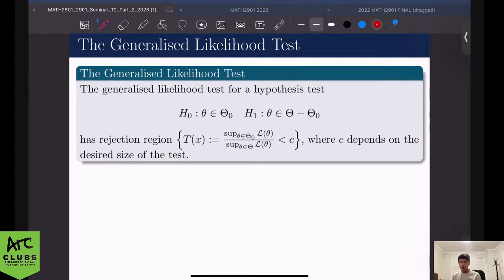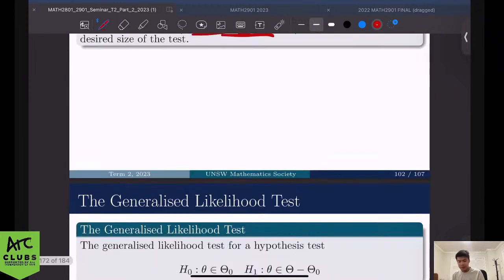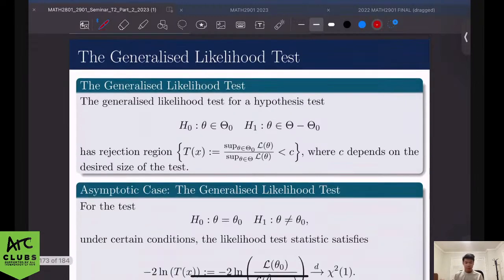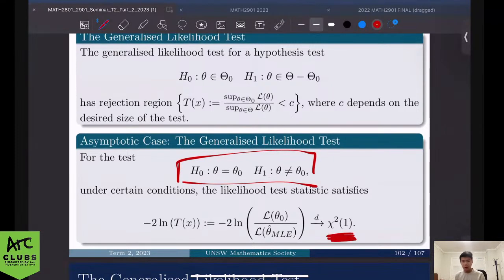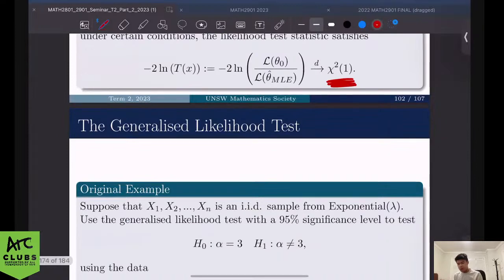All you do is reject if this test statistic is low, and under certain conditions, that test statistic follows a chi-squared 1 distribution. You can then calculate the p-value or the rejection region using chi-squared test statistics. Okay, sweet. I will skip this question.